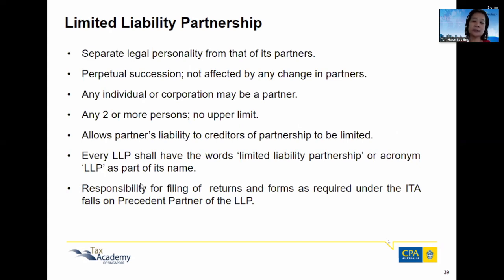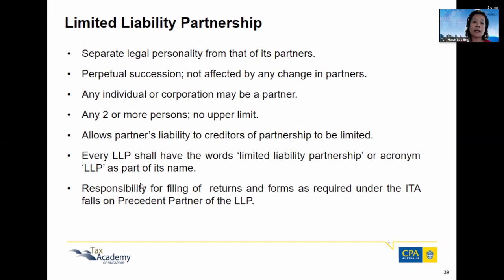Next, some information on LLP. It's a separate legal entity, as I said. There will be perpetual succession, and the partner can be an individual or a corporate, and there will be two or more persons, no upper limit. It can be as many as they want.